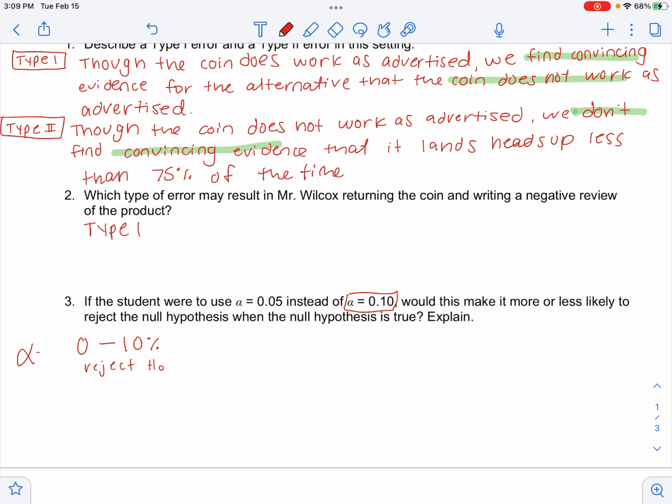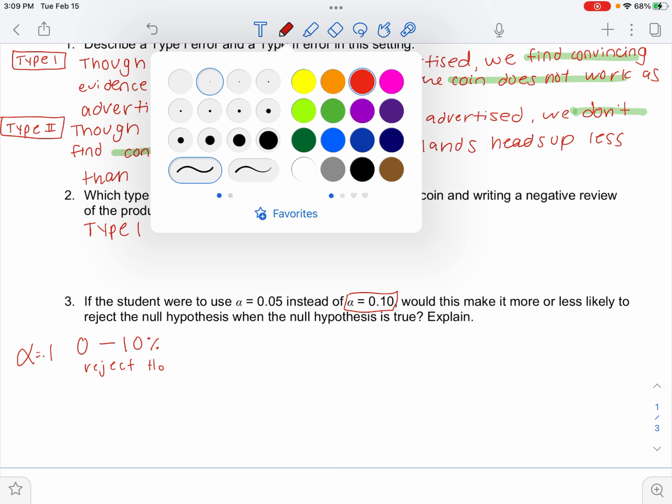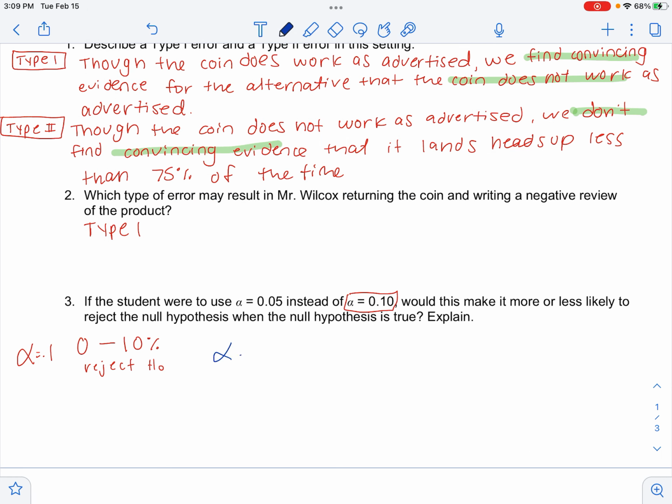This is for 0.1. But if our significance level is 0.05, that means only between 0 and 5% do I reject the null. So as I transition from a 10% to a 5%, does it become more or less likely that I will reject the null?